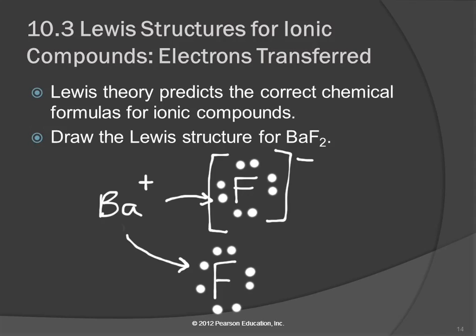So now this barium has a 2+ charge, and this fluorine has become fluoride with a -1 charge. And that is why we get 1 barium ion and 2 fluoride ions together, that ratio of 1 to 2, because that's the way the electrons can transfer around and work out.